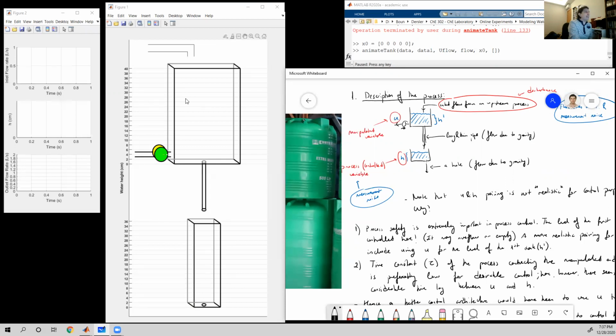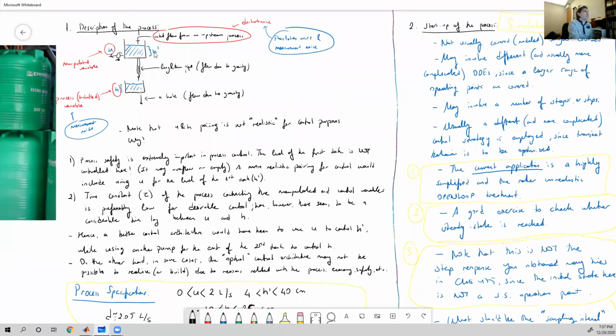Here we are not directly interested in the level of the first tank, which we may call H prime. But we should realize what is going on in terms of the physical process: the first tank will start filling, and then we are going to be taking out some water. If you take out water at a higher flow rate, then H1 will be lower.